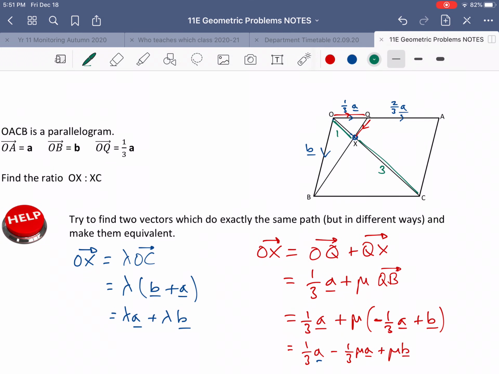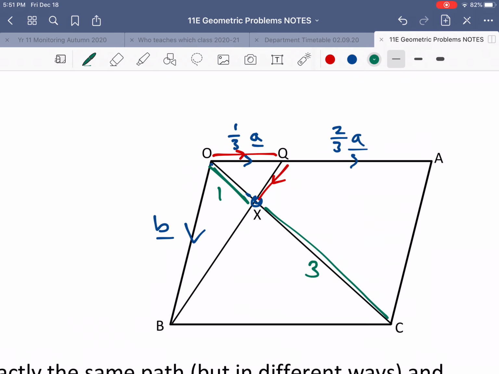And that's answering my question, because I want to know how O to X is in comparison to X to C. Well, O to X is 1 part and X to C is 3 parts.